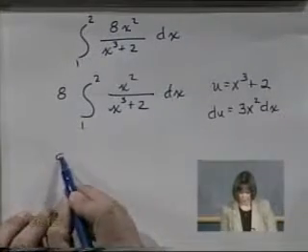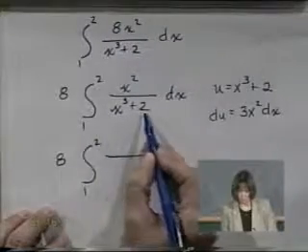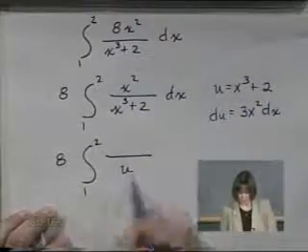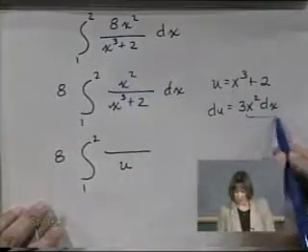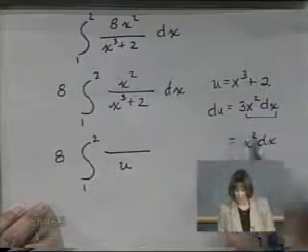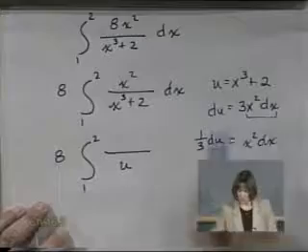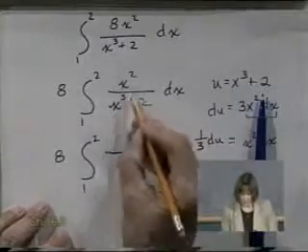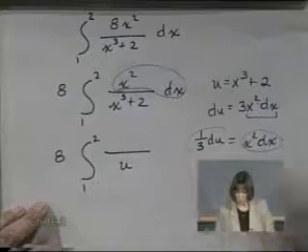So notice x cubed plus 2 is u. Now, there's multiple ways. You have x squared dx to deal with. If I divide by 3 on both sides, x squared dx is 1/3 du. So I can replace my x squared dx with 1/3 du.